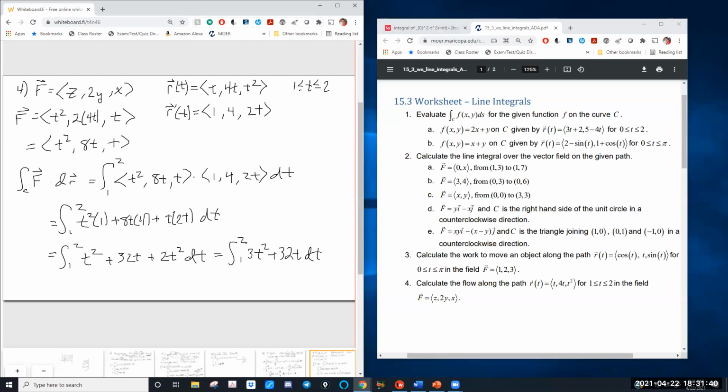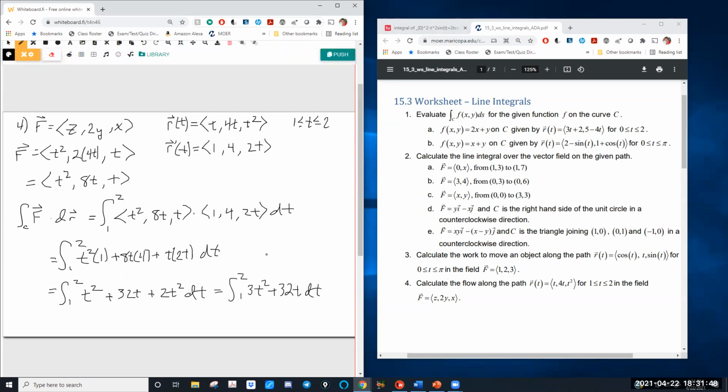Antiderivative of this, plug in our limits with the fundamental theorem, and we get our value. I know I went through that one kind of quick, but I wanted you to see that in 3D, the steps are still the same. Take your parameterization, find its derivative, plug your parameterization into the vector field, dot the two together, and then you have your integral.